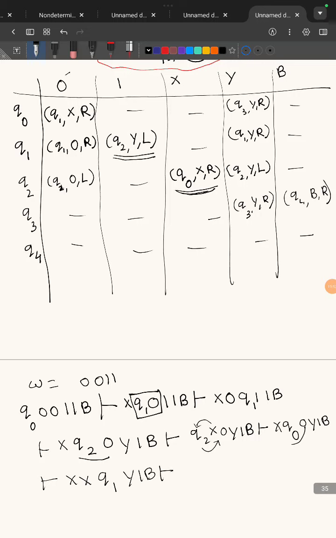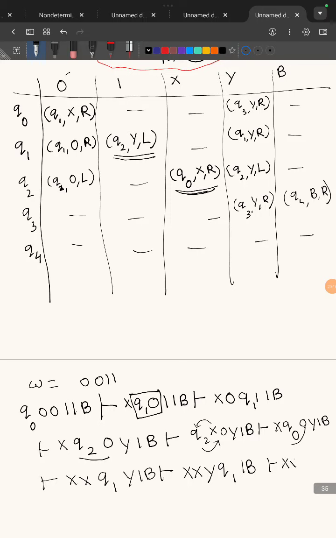Now Q1, the input symbol is Y. We will not do anything, it will be X X Y Q1 1 B. Now what we are having, we are having Q1 1. We will change the 1 to Y and we will move the pointer towards the left hand side direction.